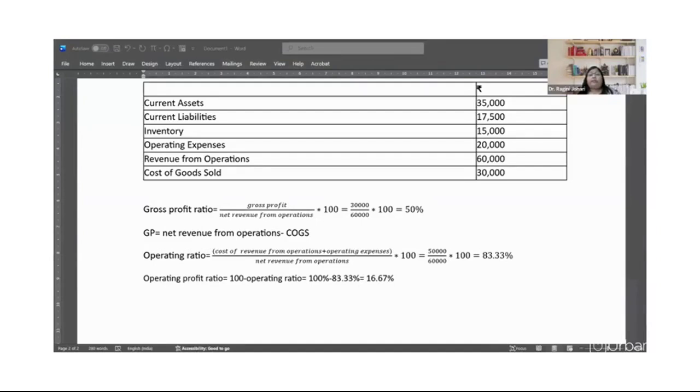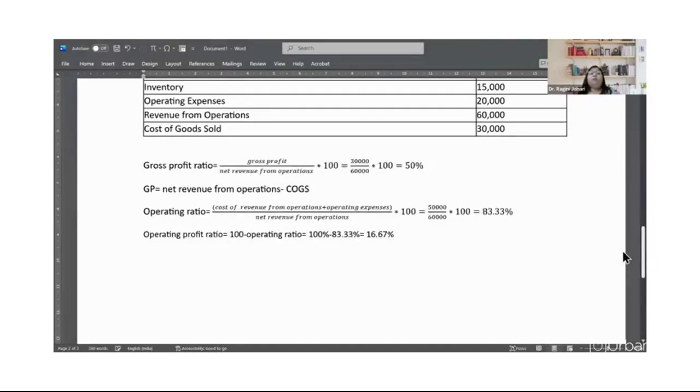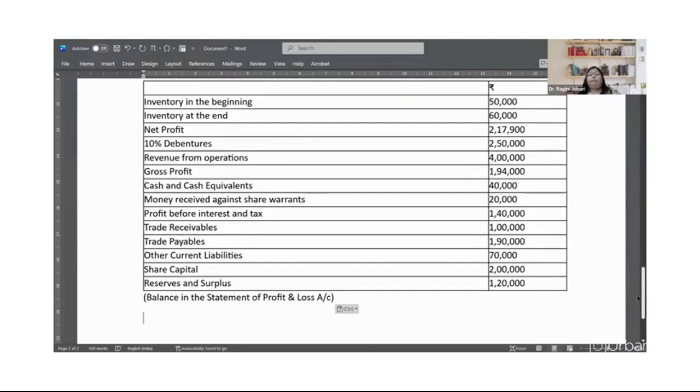Now, why have I taken it separately? Because students, this is a very important concept, and all the companies, all the business owners are very much interested to find out their return on investment on the business, because every businessman is concerned about whatever money they are investing in their business, how much return they are getting, right?